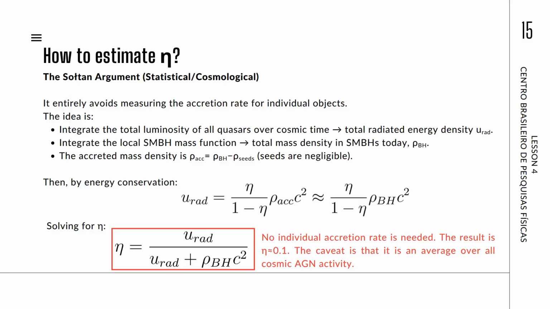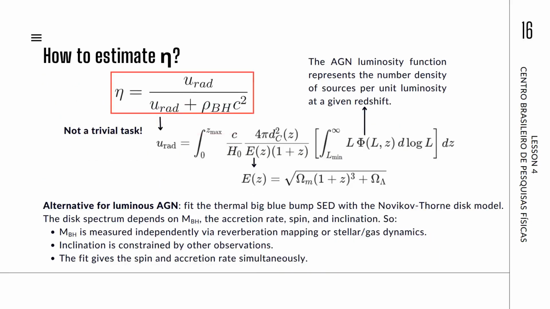The important thing here is just to understand that we can measure this and this, rho and u_rad, although it's not easy. I'm not even accounting for the rho here, just showing you how the radiation density is evaluated.